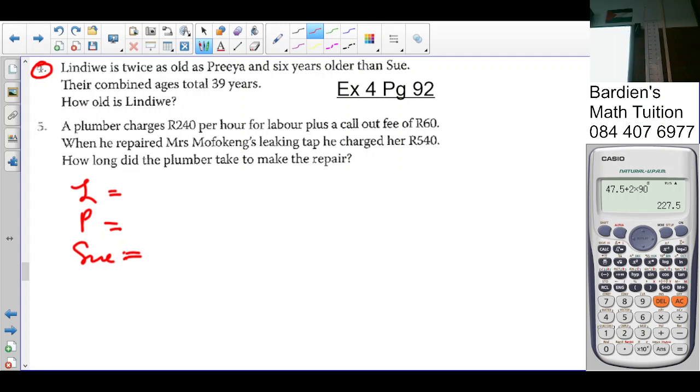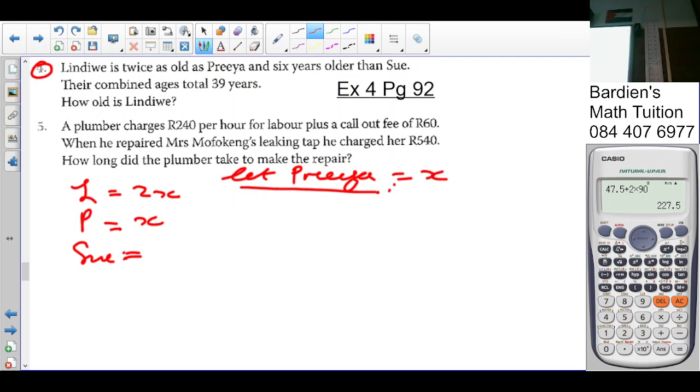So at this point, we can say let Priya be x. Normally we just let the smaller one be x. So between the two, Priya is x. Then how old is Ndiwe in comparison to Priya? 2x.